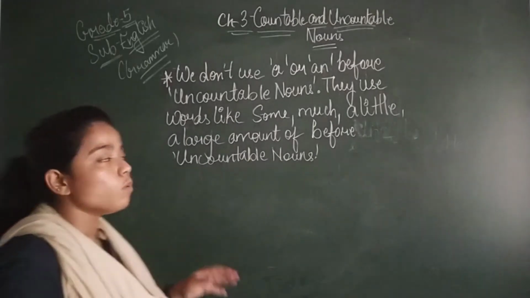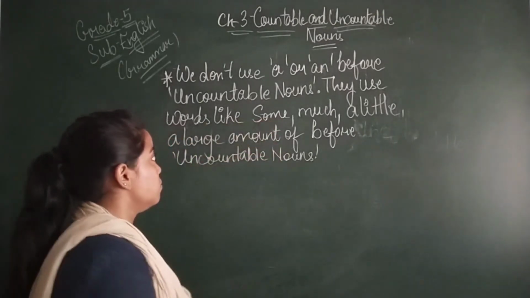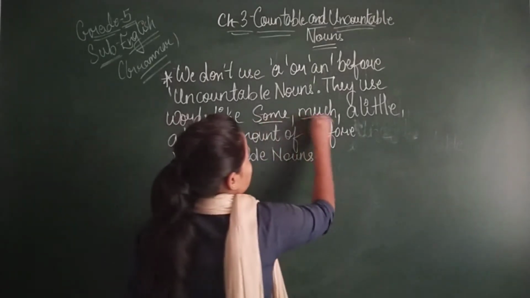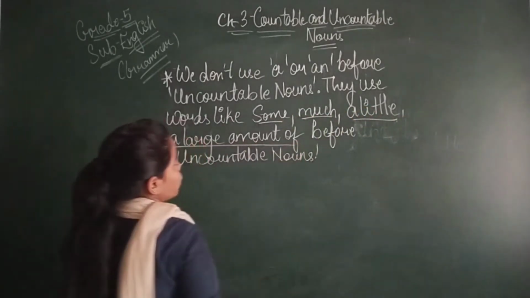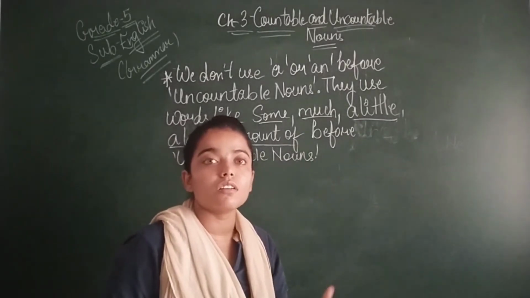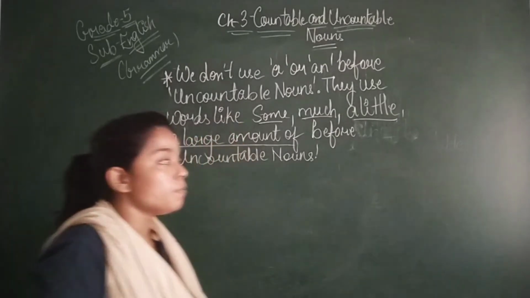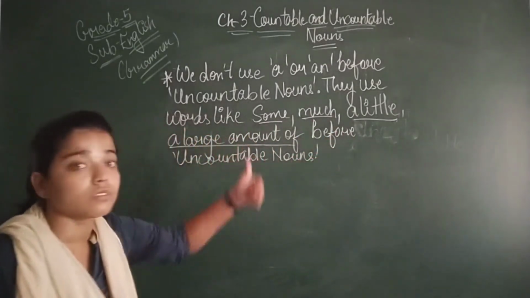They use words like some, much, a little, a large amount of. So these are the words we use before uncountable nouns. Before uncountable nouns से पहले हम इन सब words को use करते हैं.